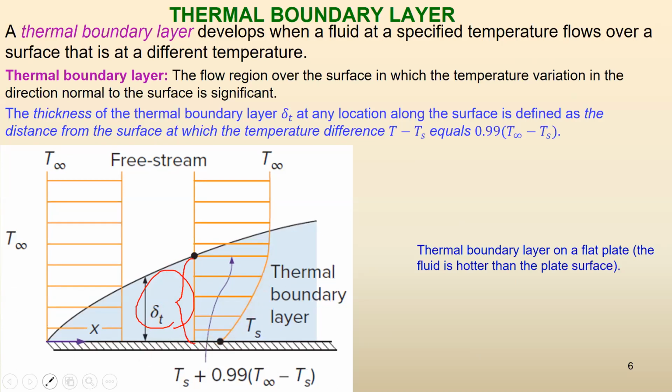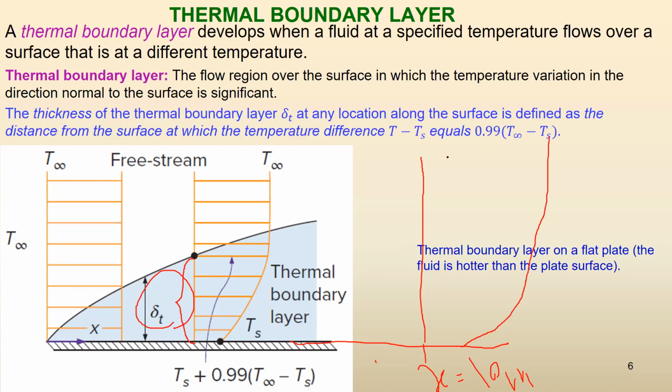Okay. So let's say you want to know the temperature profile, let's say at x equal some value, okay, 10 meter. So you use that equation and your temperature profile is going to be drawn accordingly.